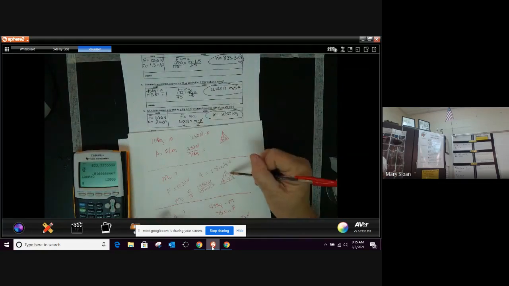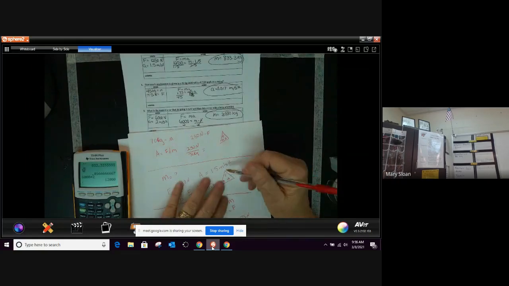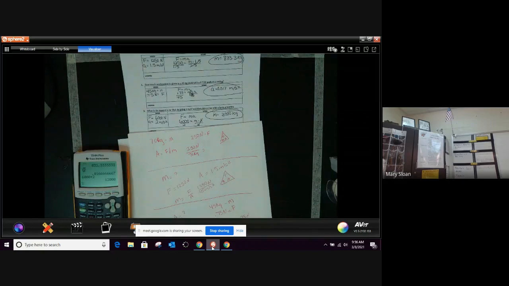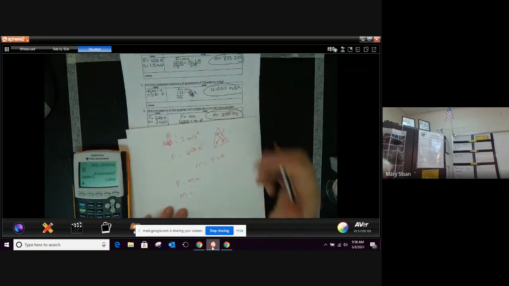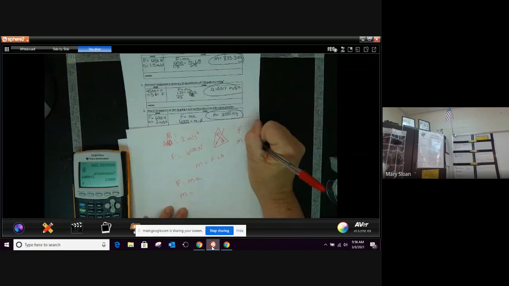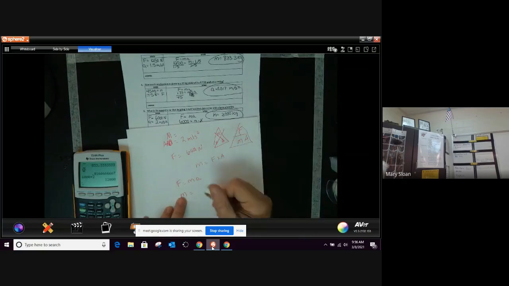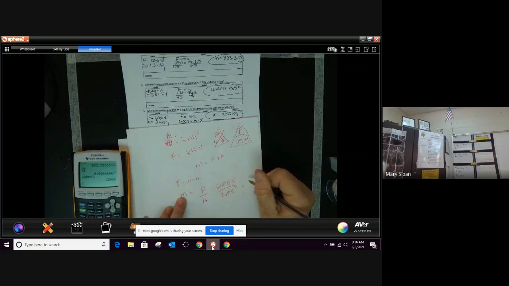So I'm going to have to go back to my original triangle that's supposed to be right, because now I know I was wrong. FMA is the letters I'm supposed to have. So FMA, that's correct. Now I'm ready. If I'm looking for mass, I'm going to take force divided by acceleration. So that's 6,000 newtons divided by 2 meters per second squared, which is now going to give us 3,000 kilograms.